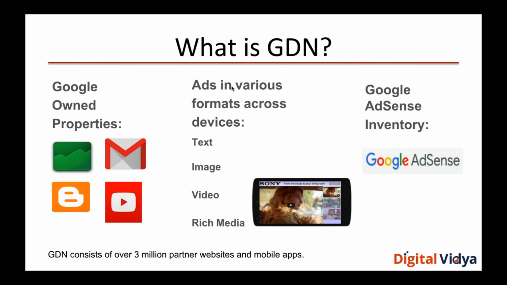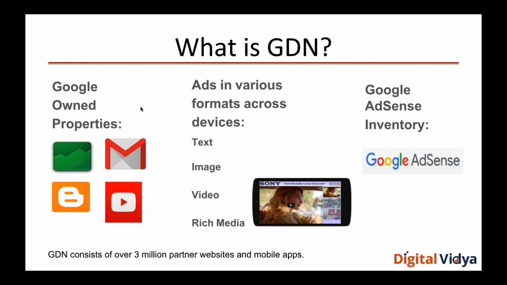When you, let's say, are typing something like buy shoes, those are called shopping ads, which we will see in the last section when we reach there. Text and shopping ads are the two ad formats that are seen on Google search network, that is google.com and the search partners. But when it comes to display network, you can see text, you can see image ads, you can see video ads, you can see something called rich media ads.